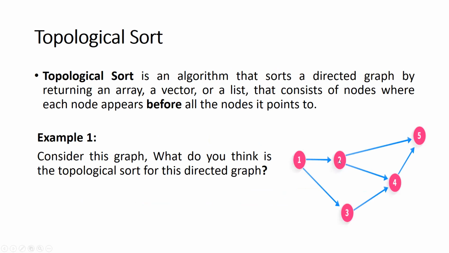Then we move on. So 1, 2, 3, 4, and 5. So this is how our topological sort list will look finally.